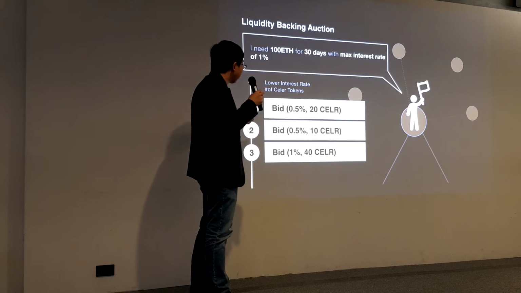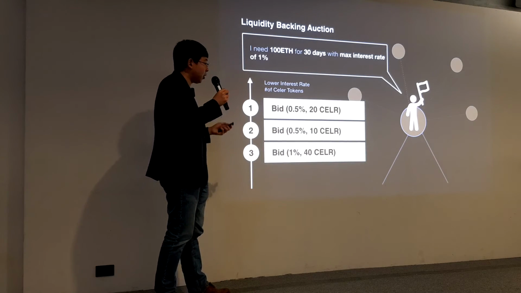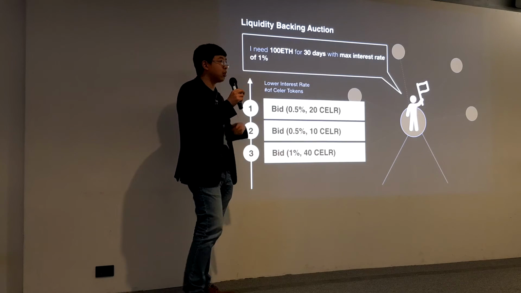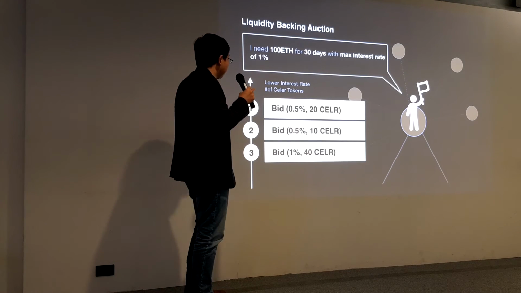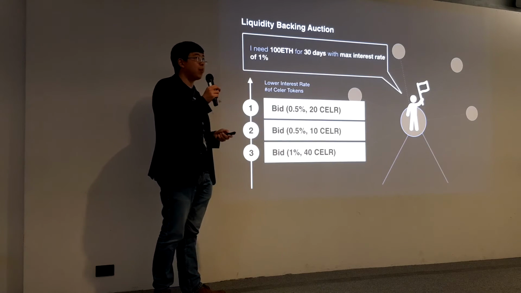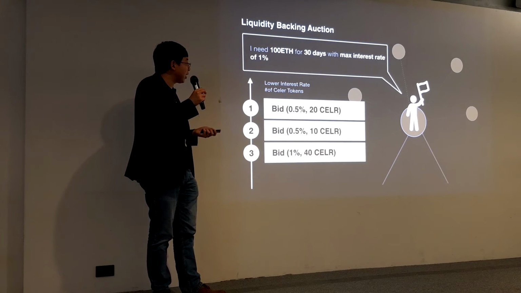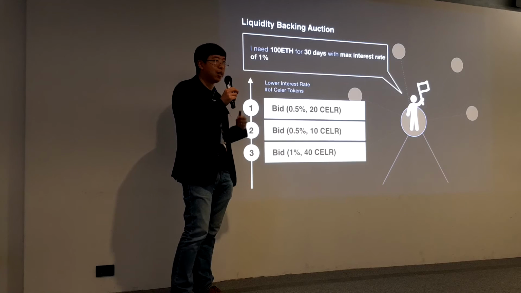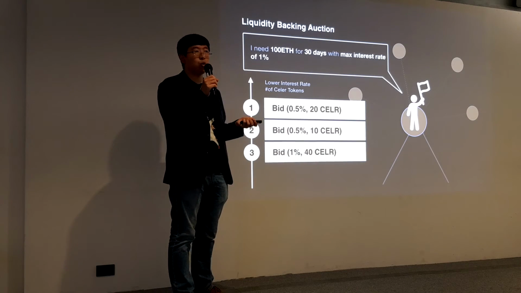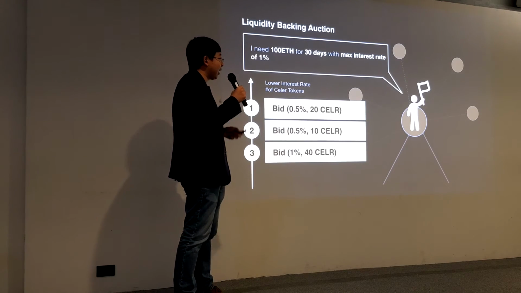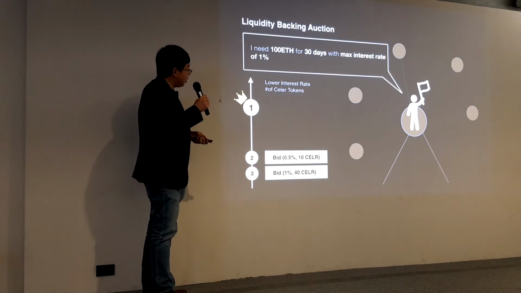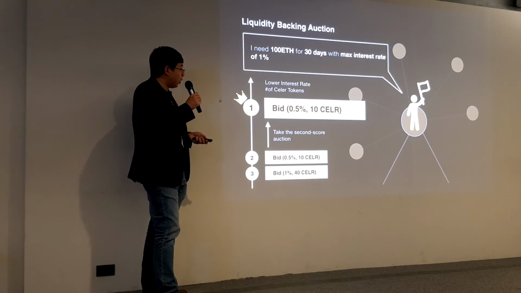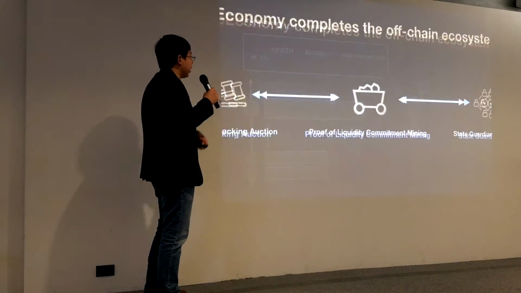So the Stellar token here also serves an additional functionality of priority determination between different bids. If you have more Stellar token, statistically speaking, you will have more chances to be used as a backing asset and therefore earn more interest. That's some detail.